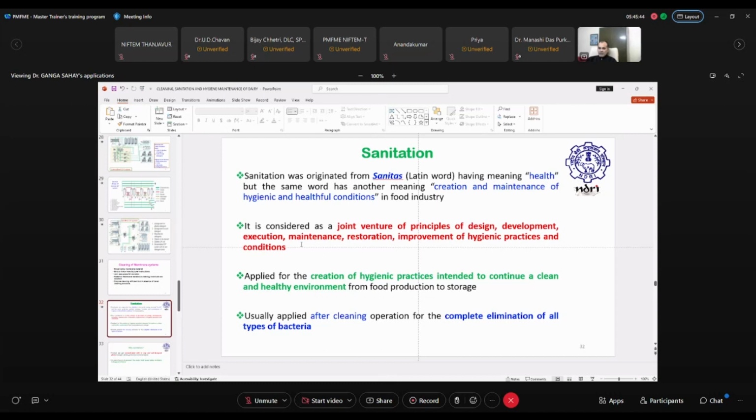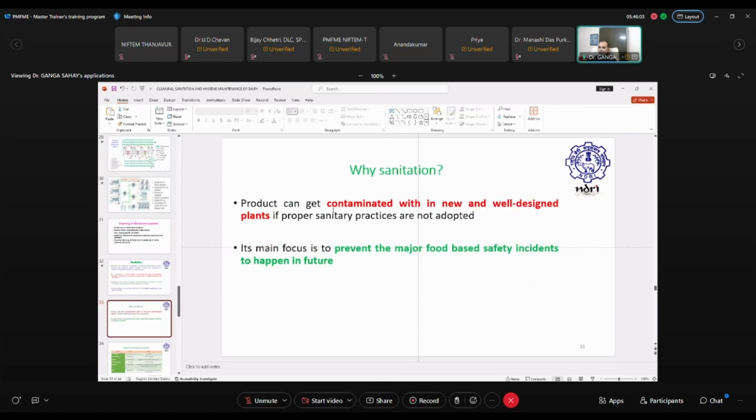The product can get contaminated even in new and well-designed plants if proper sanitary practices are not adopted. Its main function is to prevent major food safety incidents in future.